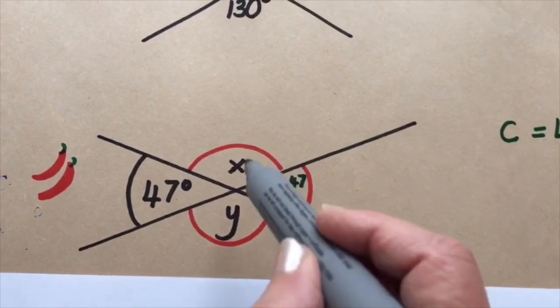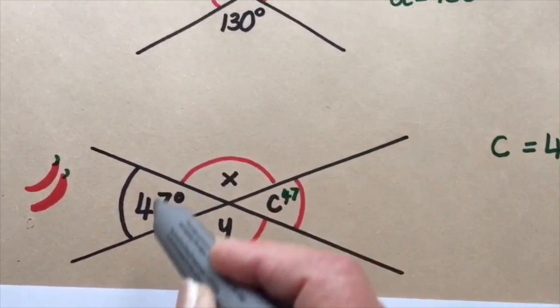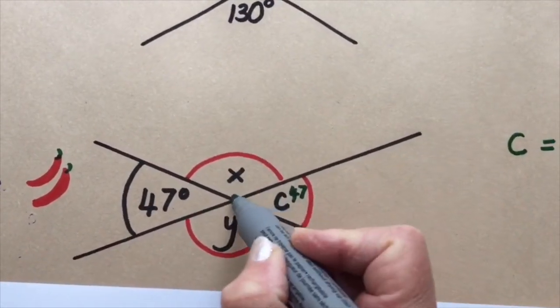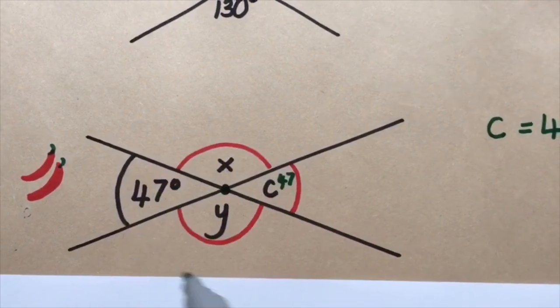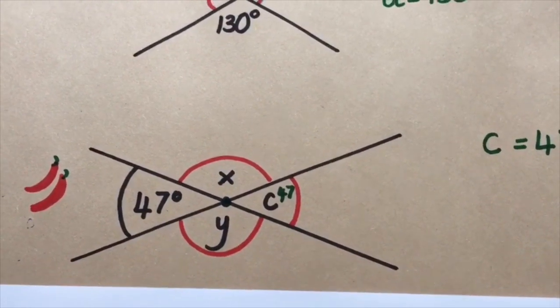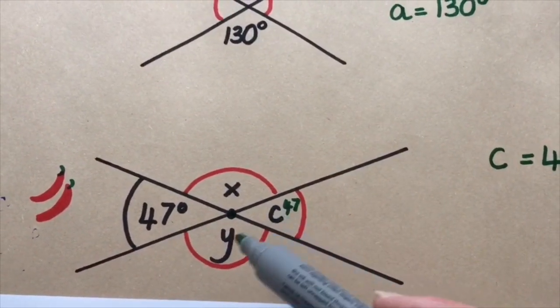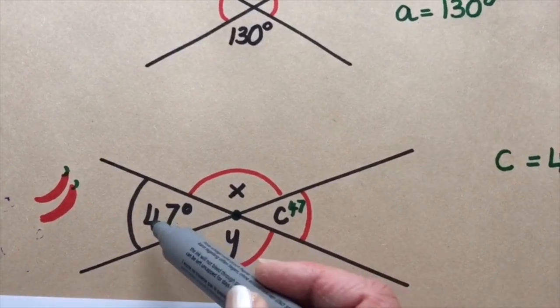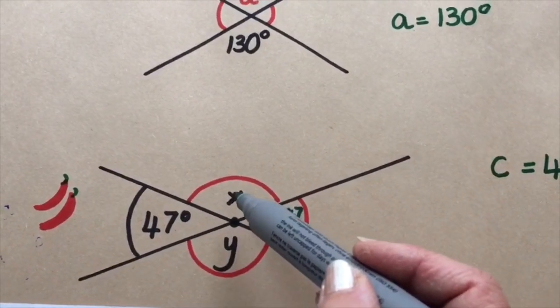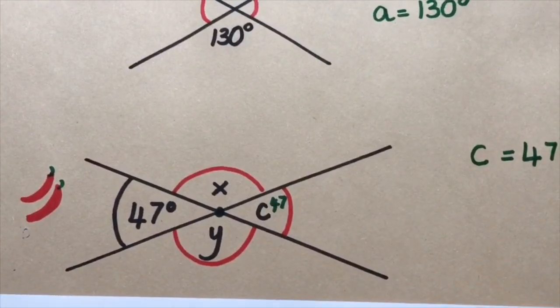I also know that the total of angles around a midpoint, here's the vertex, the midpoint, total 360. So angle C plus angle Y plus 47 degrees plus X comes to 360 degrees.